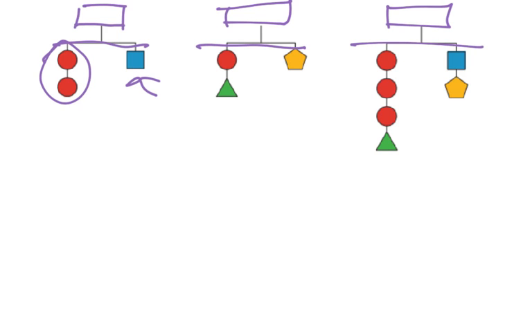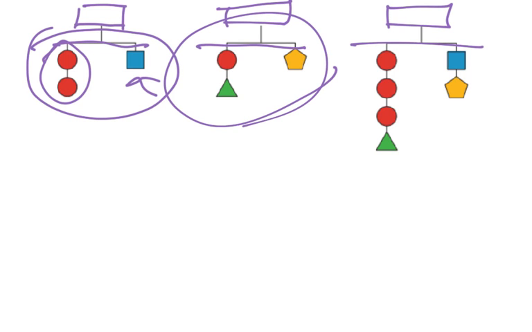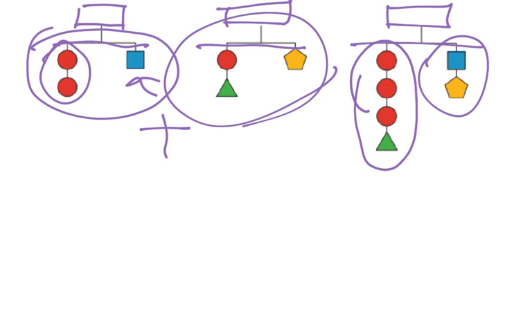The other thing I noticed is that if I take this balance or mobile and this mobile, and I add them together, I get this and this. So take a look. On the left-hand side, I have 2 circles and 1 more, gives me 3 circles. I have 1 green triangle, 1 green triangle.